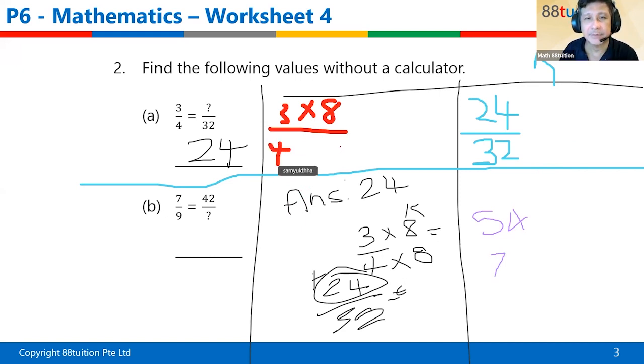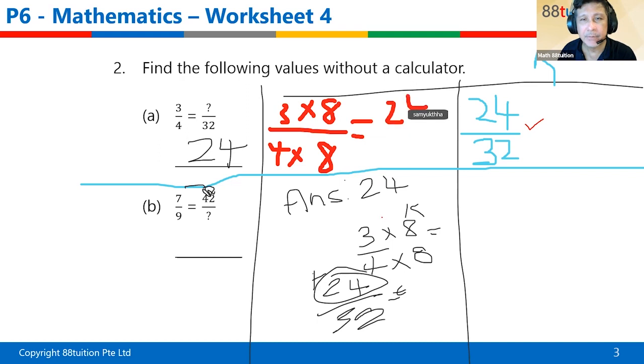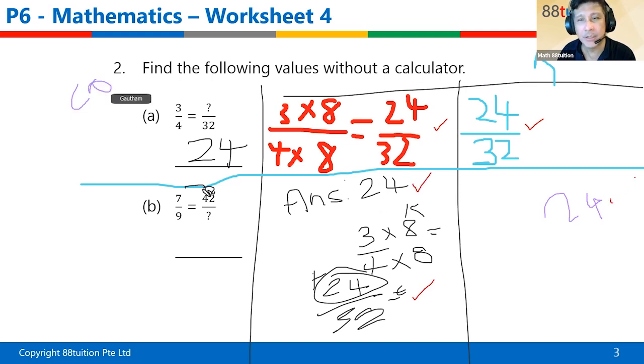All right. Okay, Rose has given the final answer. Samilta and Kaiser gave the method. Okay, both of them have the same method, so it's multiplied by 8. And we get 24 out of 32. So the question mark is actually 24. Okay, Gautam is also correct. All right, good job. So all of you, those who are very quiet, you know that your friends are doing it correctly, yeah?